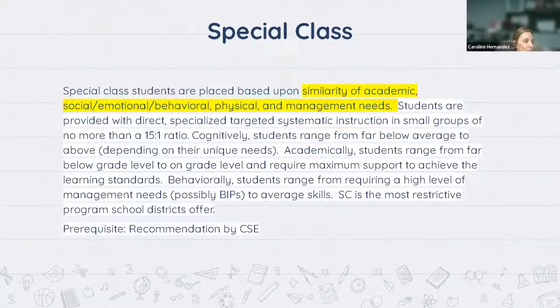Special class is the most restrictive program that the school district offers. And we do actually have special class programming for students. Like it says, it's no more than 15-to-1. We actually have special class or self-contained programming that is offered in an 8-to-1 ratio based on the needs of our students.